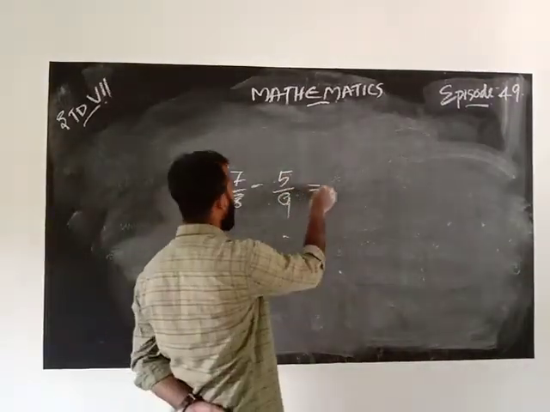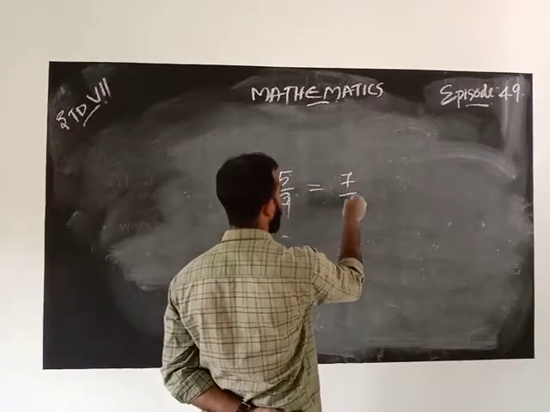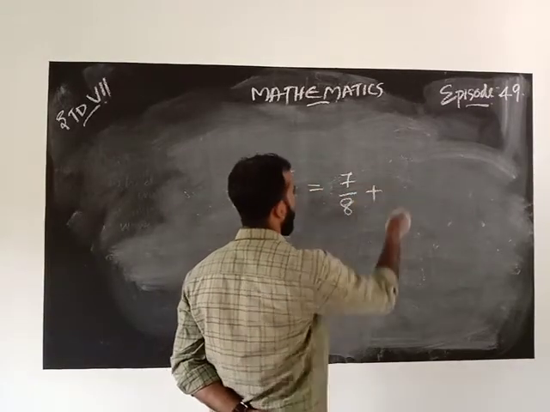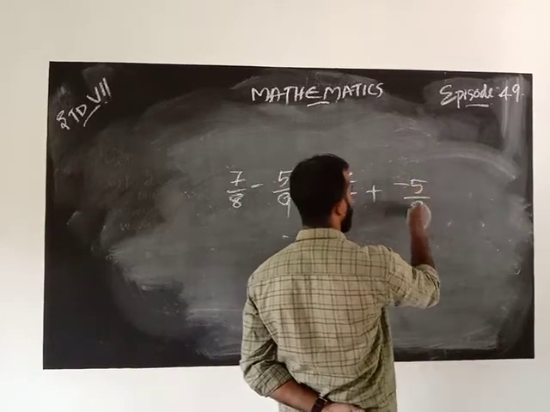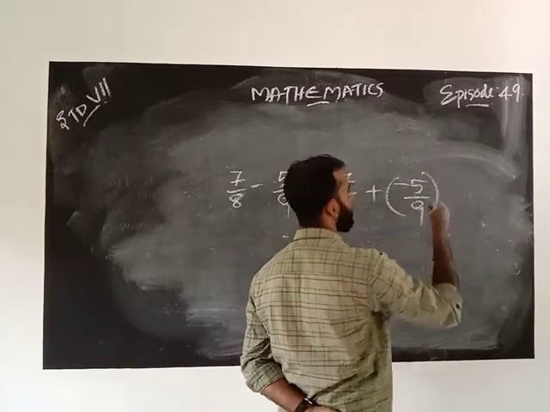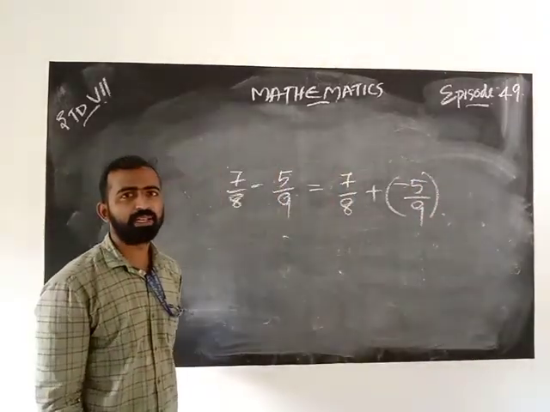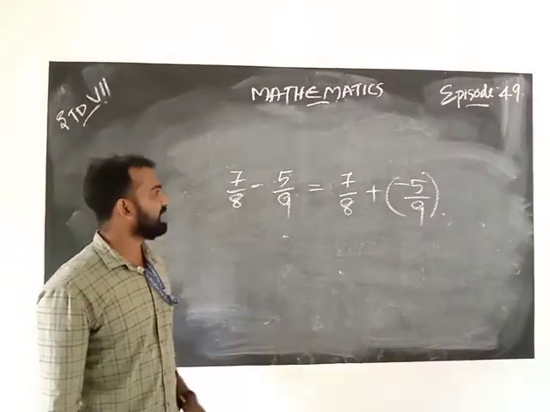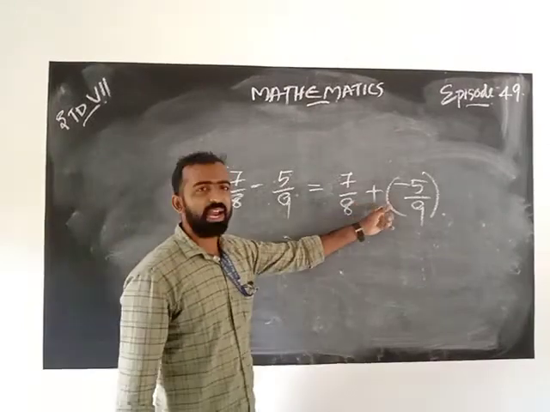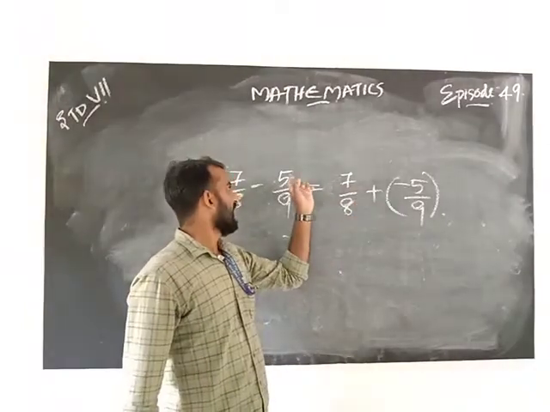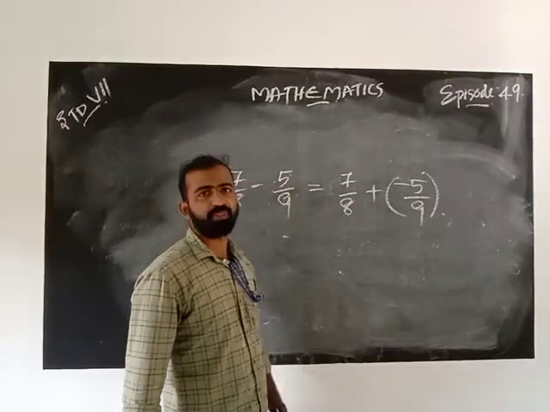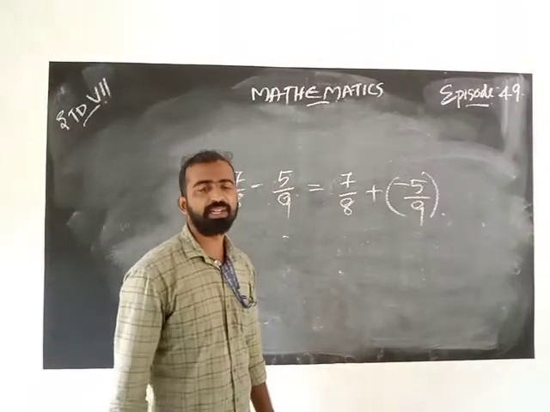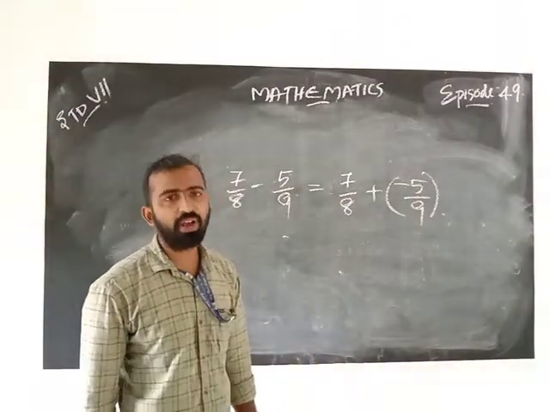That means we can rewrite it as 7 by 8 plus negative 5 by 9. The operation is subtraction; we change the operation to addition and we take the additive inverse of 5 by 9.